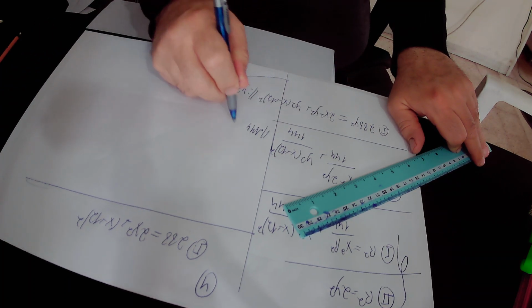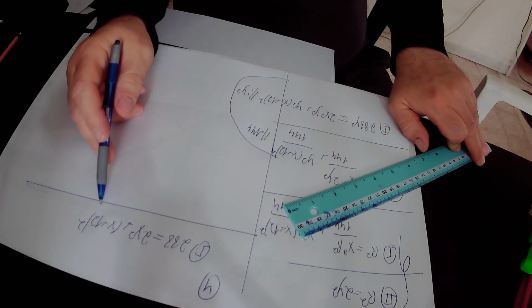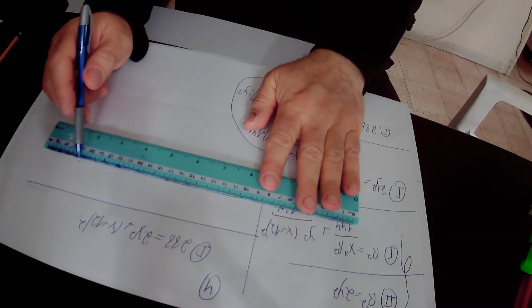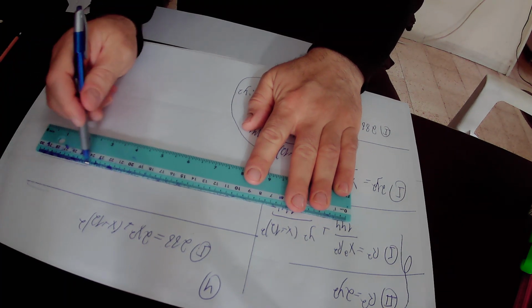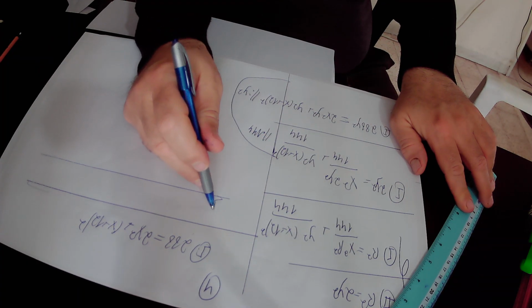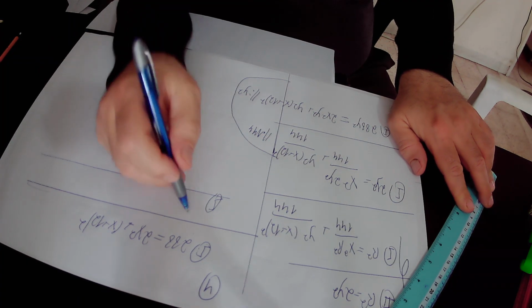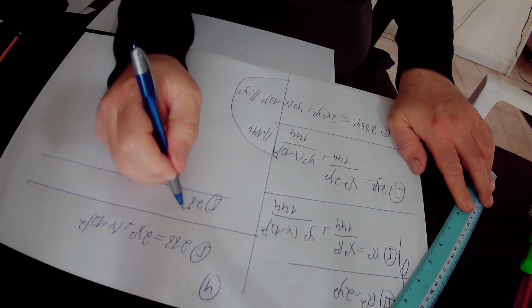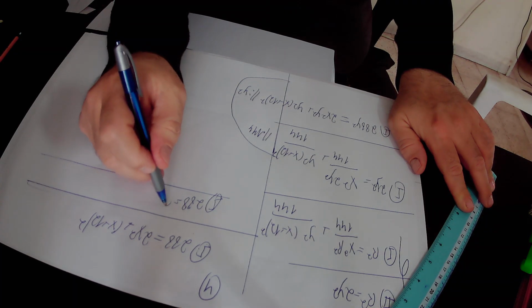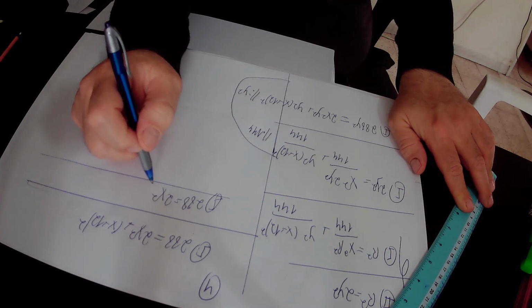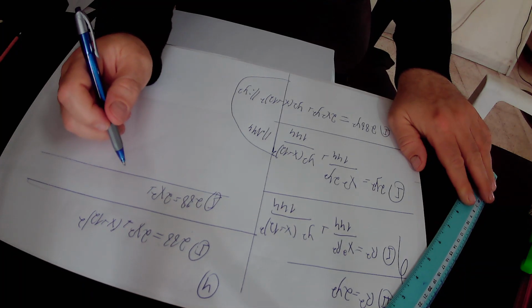So here we will open the brackets of this expression, and we get that according to equation 1, 288 equals 2x squared plus x plus 12 squared.